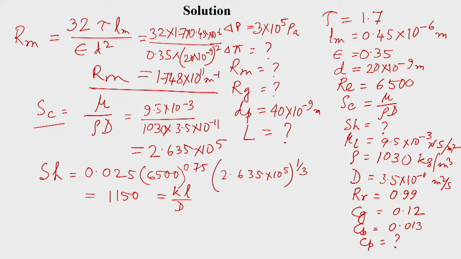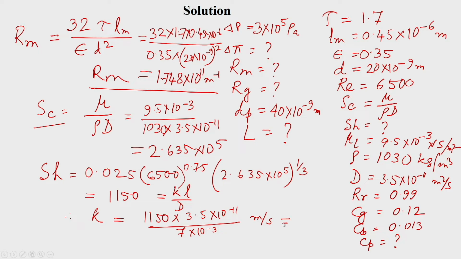Okay. So, from here we can say this mass transfer coefficient K we can calculate as 1150 into D, equal to 3.5 into 10 to the power minus 11, by L, this length is given as 7 into 10 to the power minus 3, that is in meter per second.